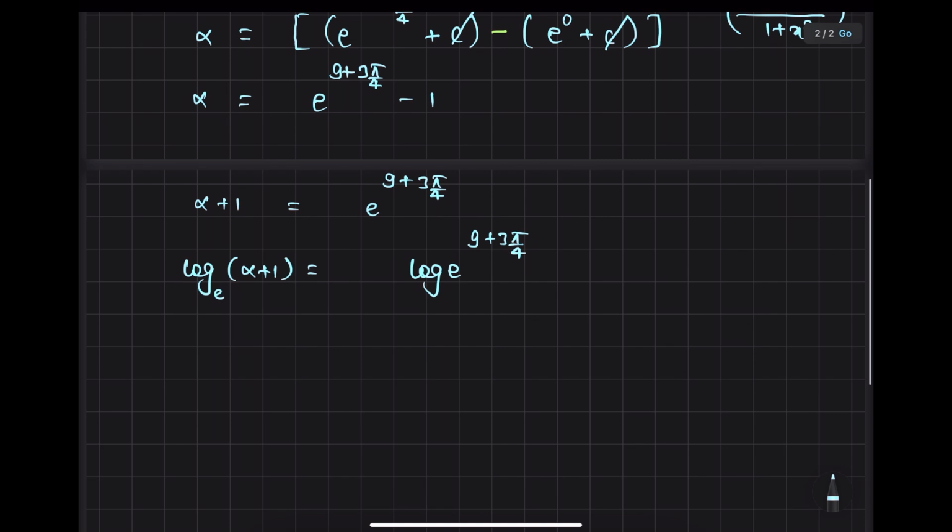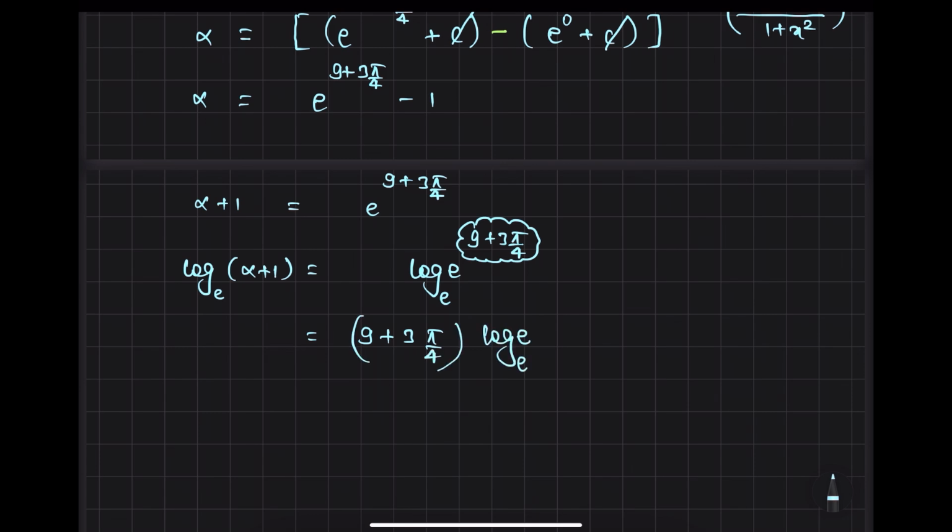Let's place the base. Now, you know that if anything is written in the power of the argument of log, it comes out as a coefficient. So can I write (9 plus 3 pi by 4) times log base e of e, equal to log base e of (1 plus alpha). Now, do you know the value of log base e of e? It's 1. If the argument and the base are the same, it's 1.